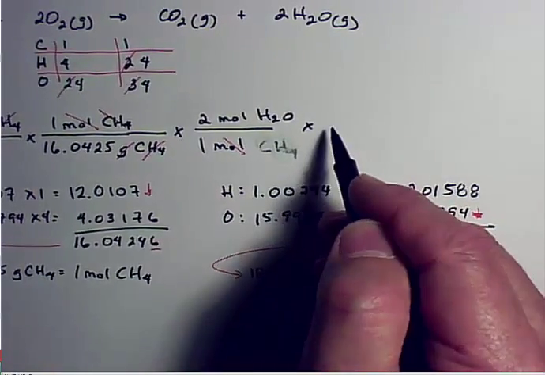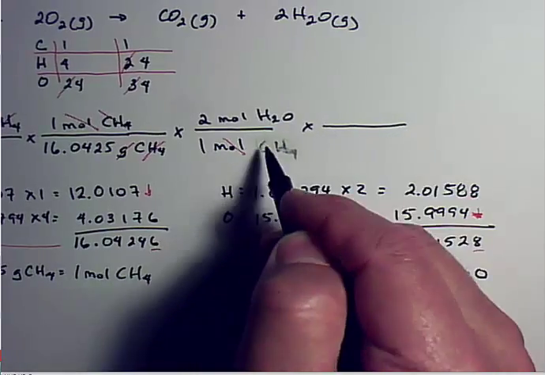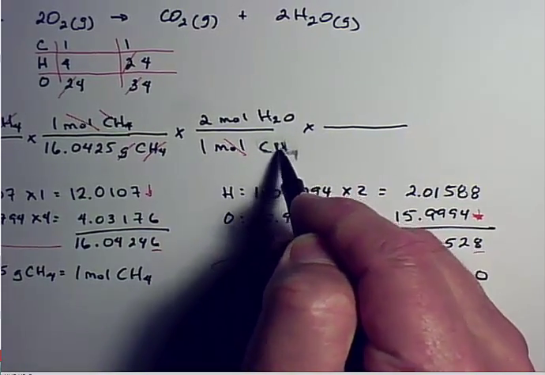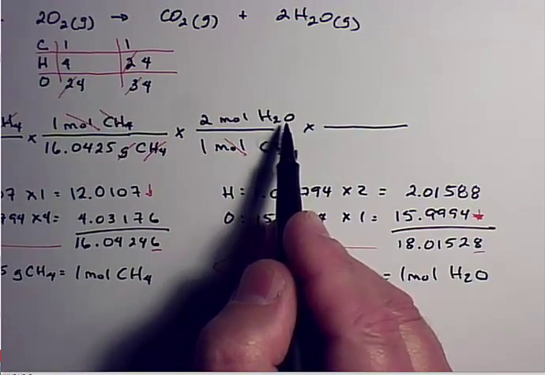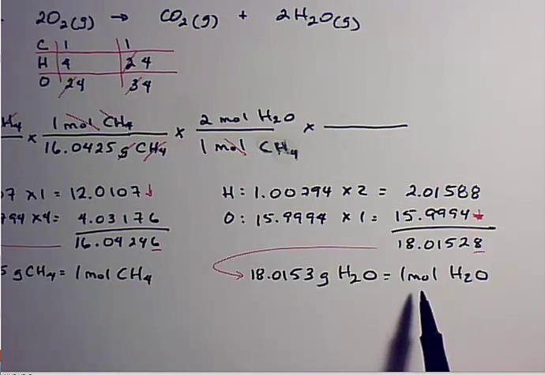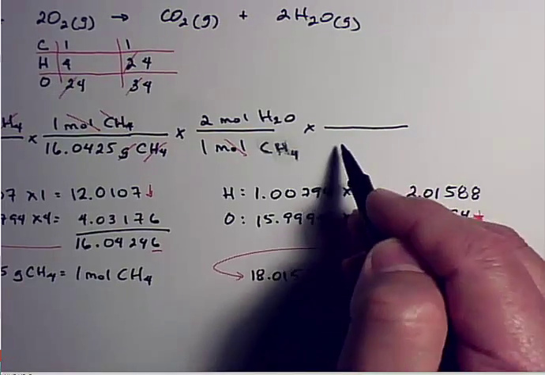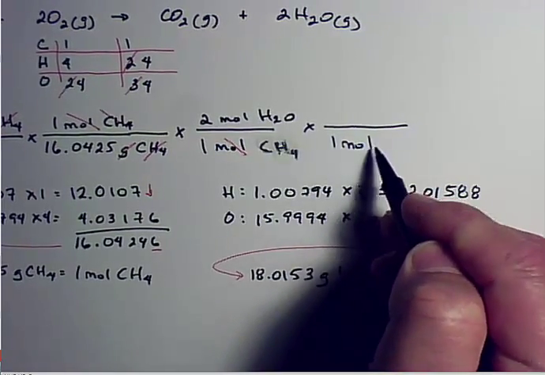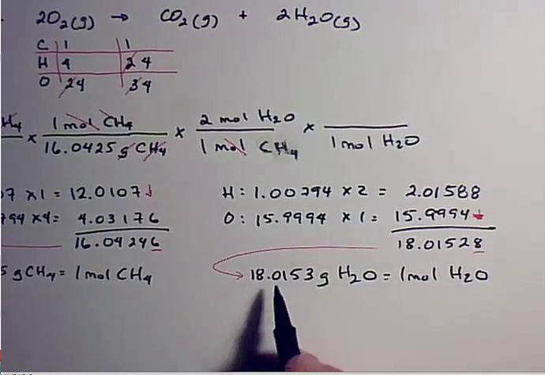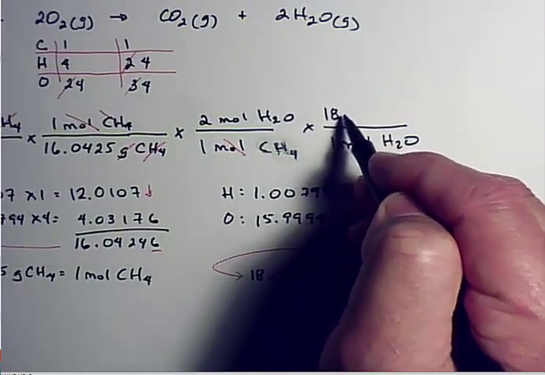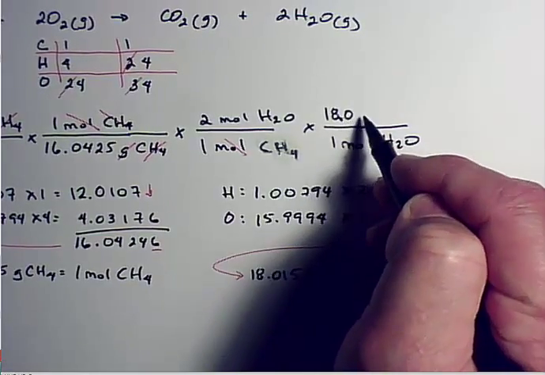And now this is going to be the basis for a new conversion unit here. Okay? So I have moles of water on the top. I want moles of water on the bottom. And the 18.0153 goes in the top.